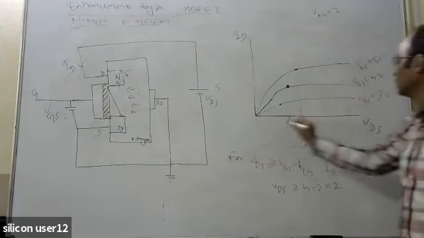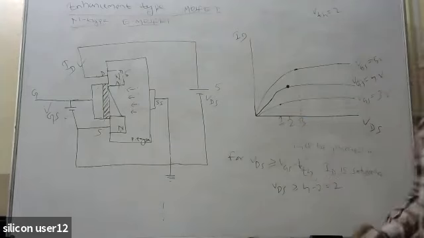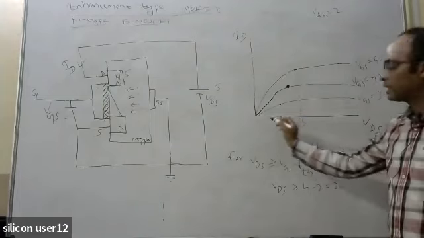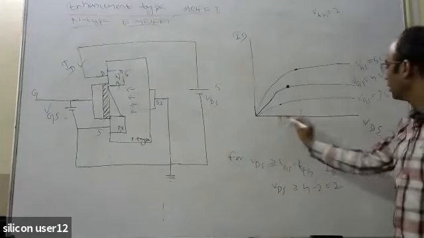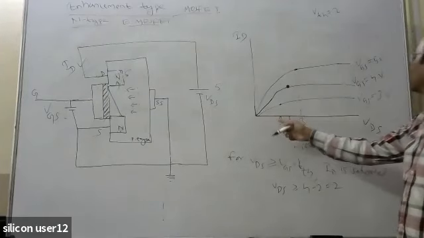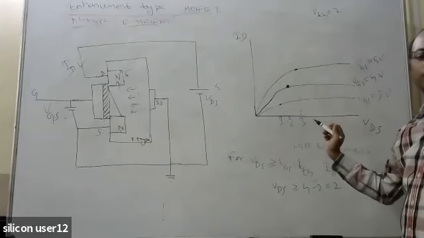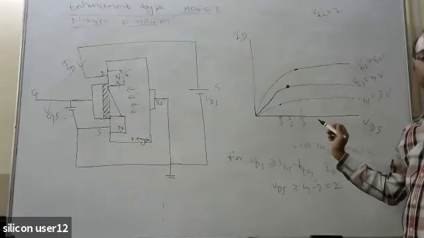1. Okay, right. Now if I draw another curve for VGS equal to 2, where will its saturation point come? 0, sir.